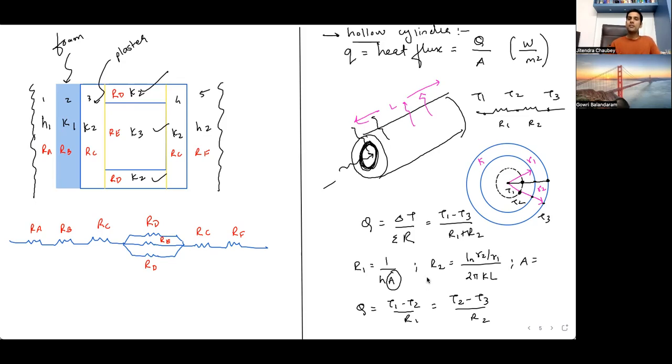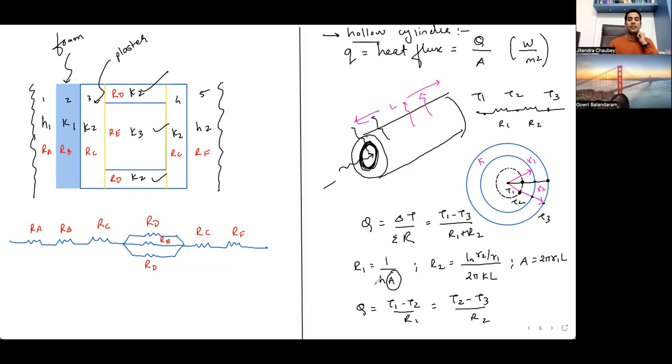It is a cylinder, and a cylinder has a surface area of circumference into length. So that means this is 2 pi R1 L, or even for R1 and R2, both are 2 pi RL.